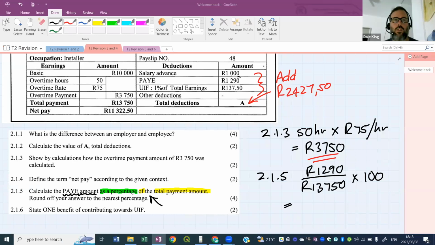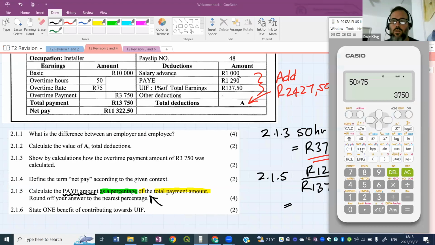There we go, with a percentage sign. Looks like we're getting the right thing. So I'm going to just do that on my calculator. Fraction 1290, at the bottom of my fraction 13,750. I need to multiply by 100 to get a percent. 9.3818. I'm going to write that all out.